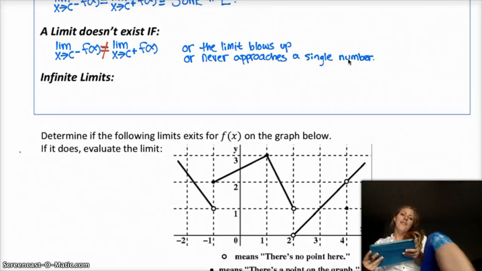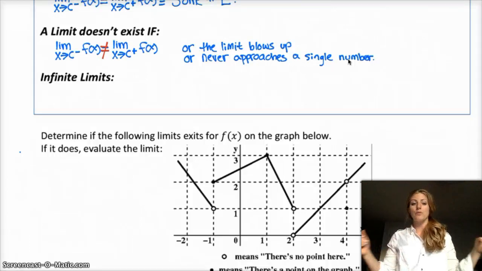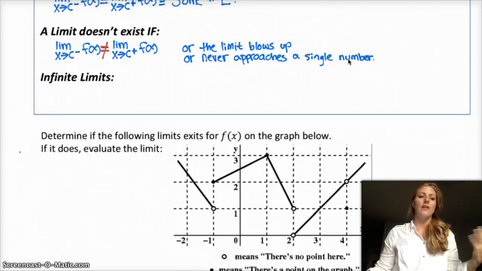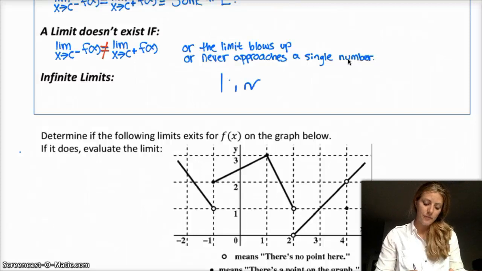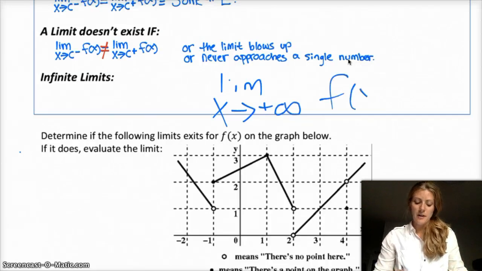Then sometimes you want to know what happens as x gets really, really big or really, really negative. Those are called limits at infinity. Basically, you're taking the limit as x approaches either positive infinity or negative infinity of a function.